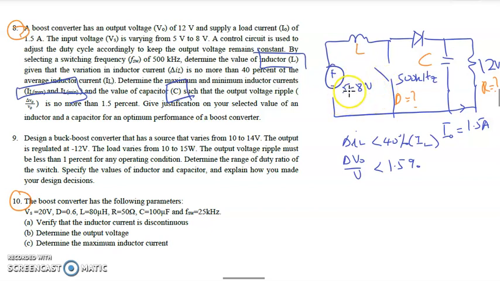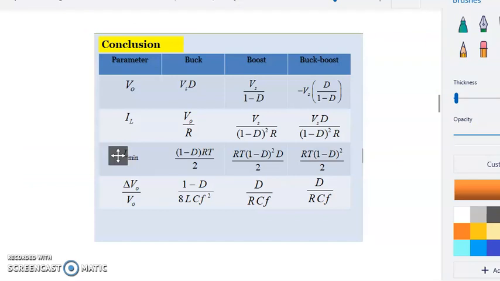The voltage is not going to be at one identical value, but it will vary between 5 and 8. So we just find the range from the minimum duty cycle up to the maximum duty cycle of our circuit.